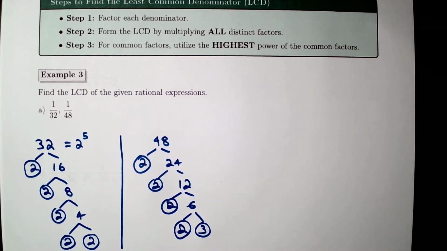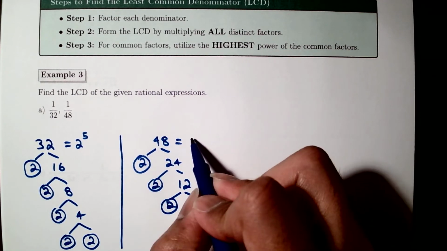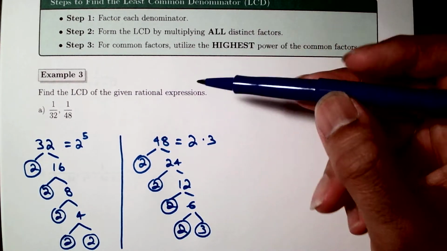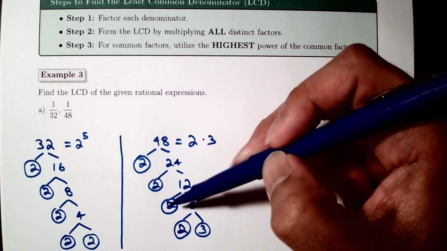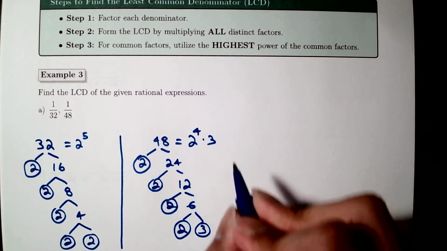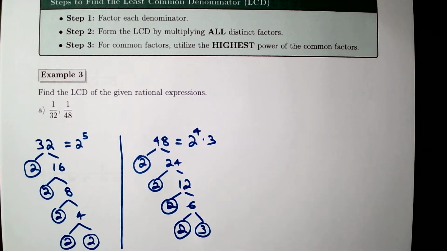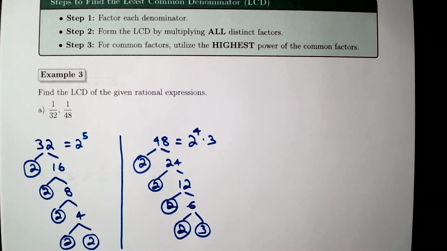So in this case, what are we going to have? We're going to have powers of 2 and powers of 3. How many powers of 2? Count the number of 2's: 1, 2, 3, 4. And then we have only one 3, that's 3 to the 1st power. We don't need to write that one. If we had another 3, then it would be 3 squared.